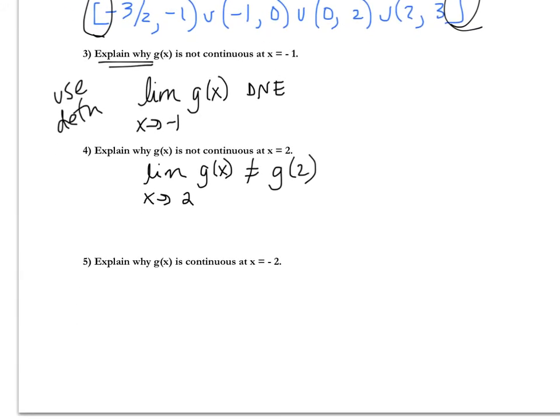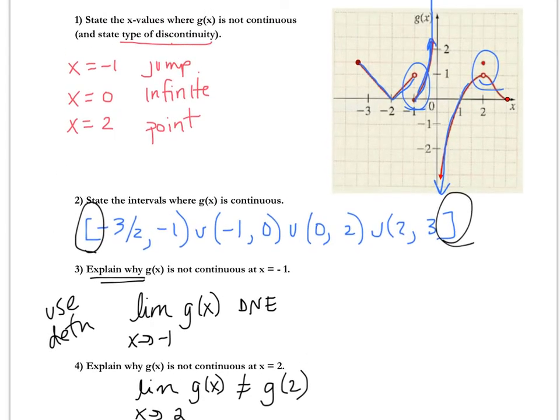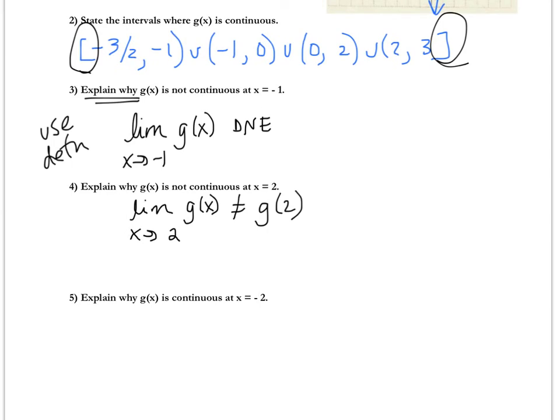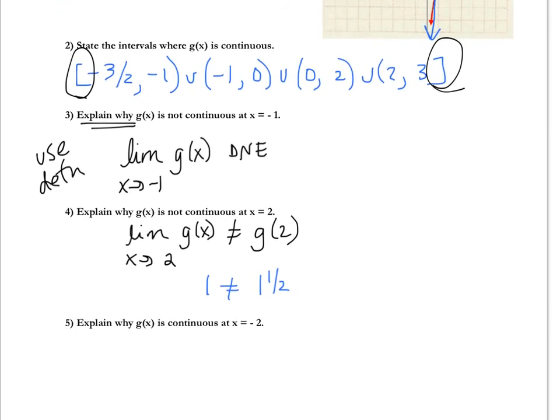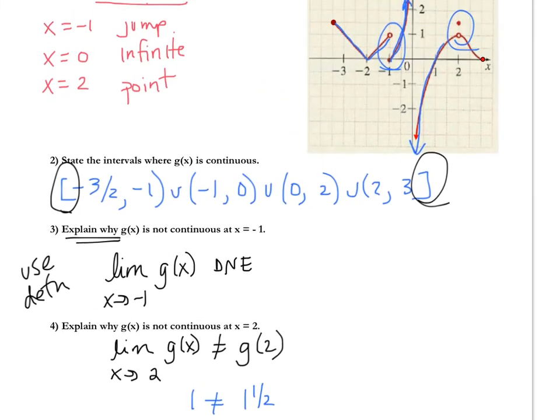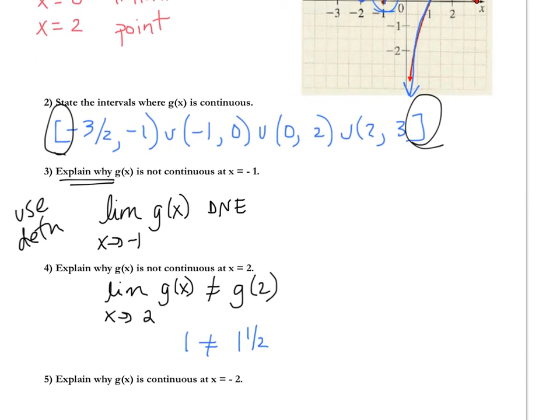Now notice that my notation is specific. I am putting in the correct x values to show that in this case I found the limit and it was actually equal to 1, and the function value, which was 1.5, was not the same.